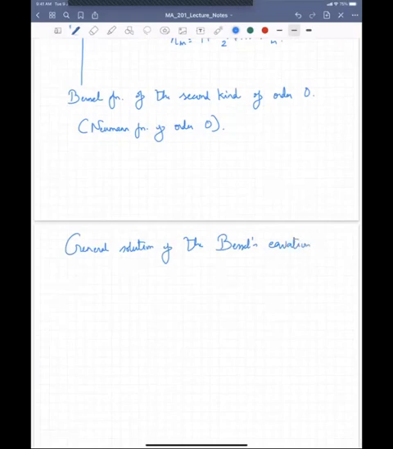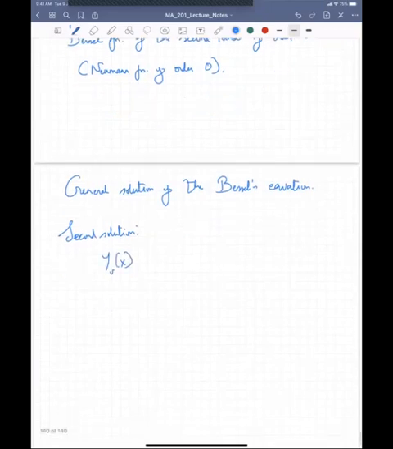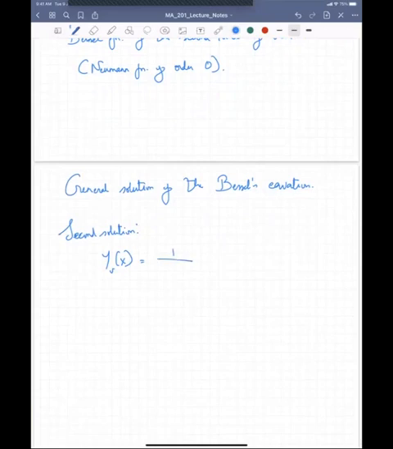To do this, of course, I need two linearly independent solutions. The second solution, the general form of the second solution, is given by y nu of x equals 1 over sine nu pi, times J nu of x cosine nu pi minus J minus nu of x.